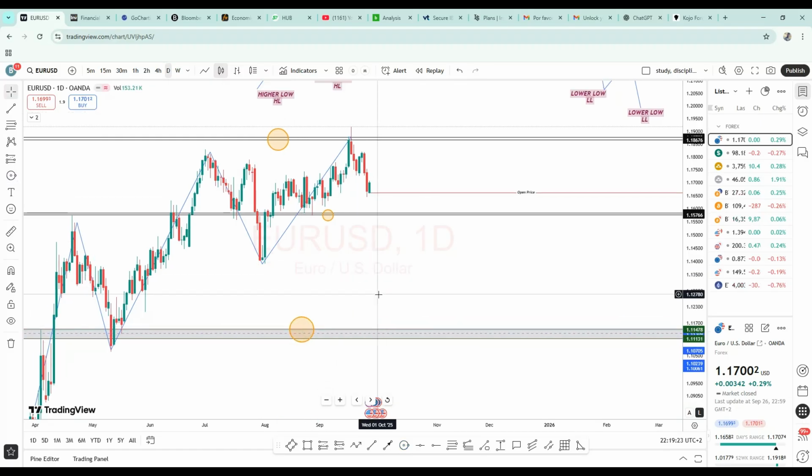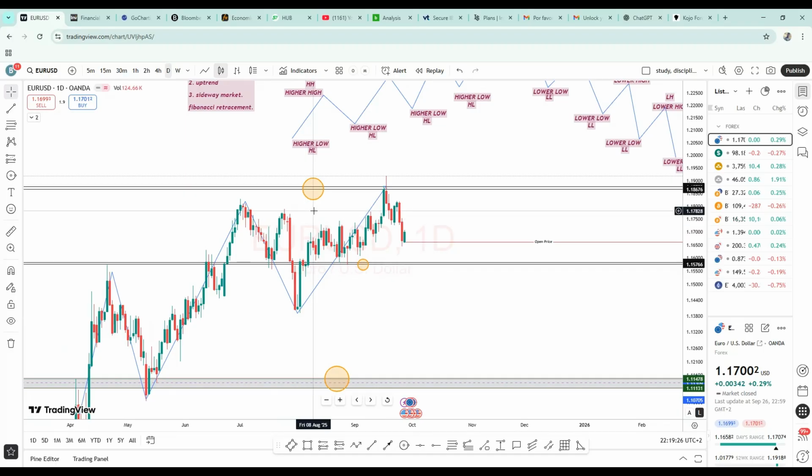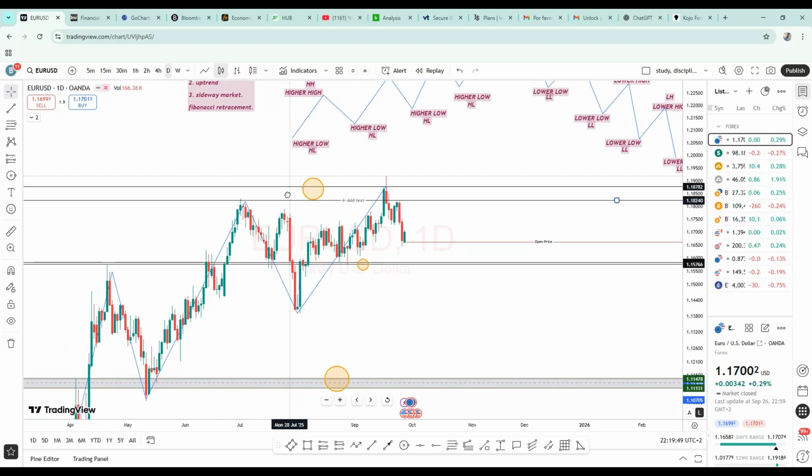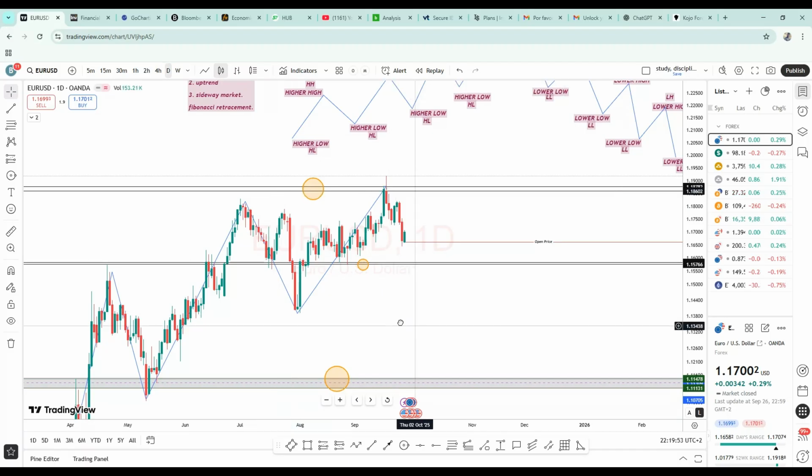These are called horizontal lines. A horizontal line is just a flat, straight line across your screen, extending to the left and to the right. You can take the line and drop it anywhere you want. For example, I take it, and this is the line here.